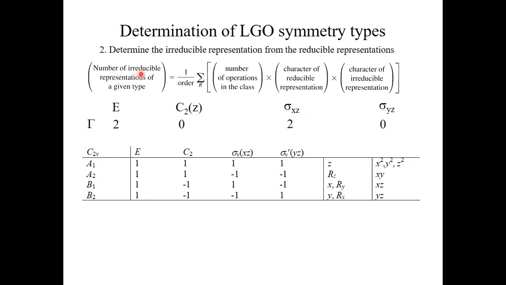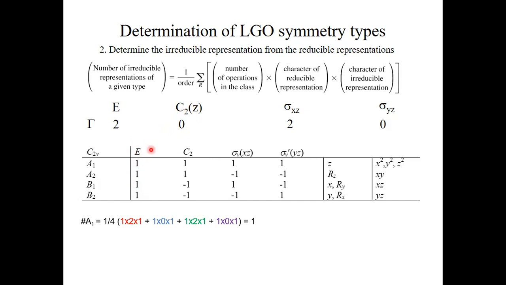Okay, so that is equal to 1 over the order of the point group, which is actually 4. So we have 1 over 4 times the 4 products for the 4 symmetry operations. So now what is that?